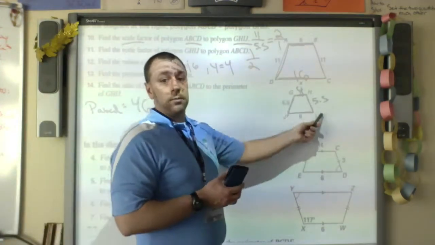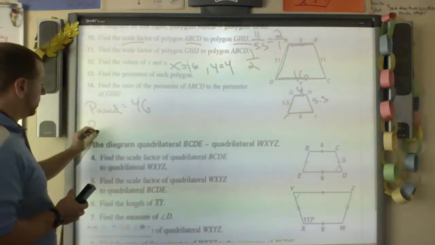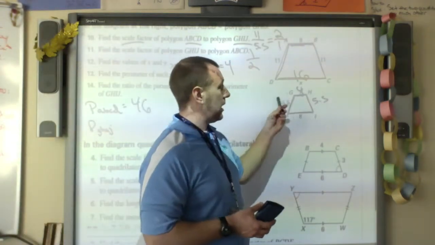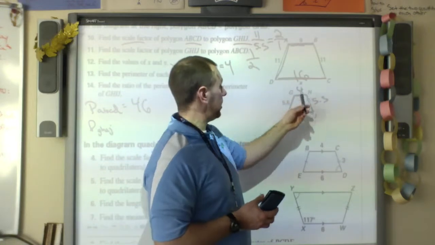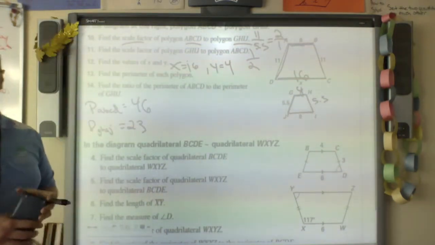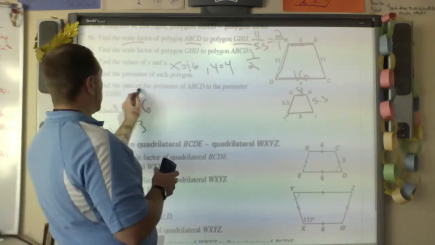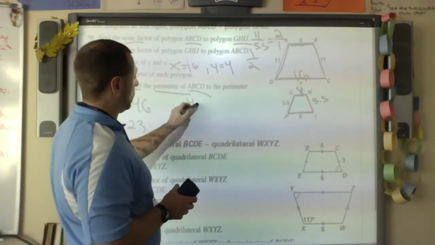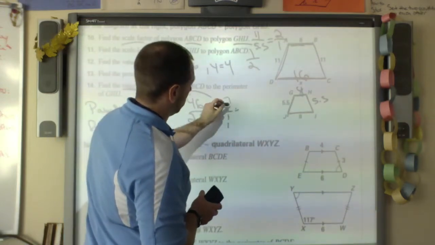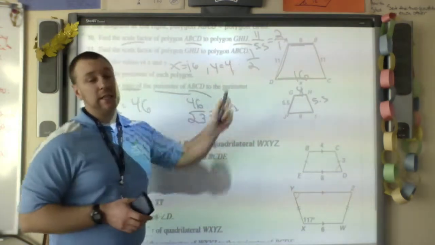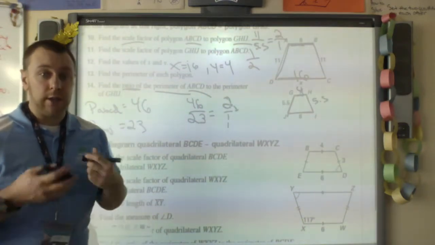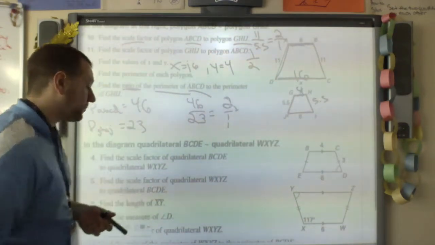Well, here I add up the perimeter of GHIJ, those are going to add up to 11.5, plus another 11.5 is 23. Surprisingly, the ratio of the perimeters is 46/23, which is 2/1, which is also my scale factor. So the ratios of the perimeters are the same as the scale factor.